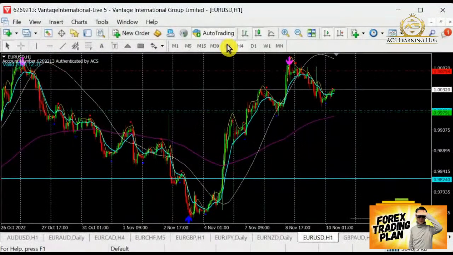At the moment, as we can see, Euro dollar has tested the support here, and now it is still continuing to go up. Since that's the case, Euro dollar can only buy, we cannot sell.